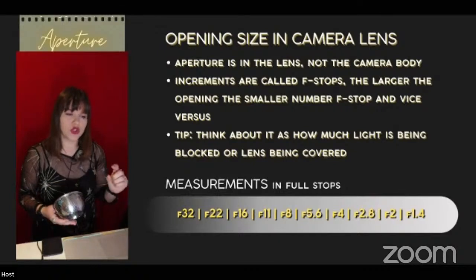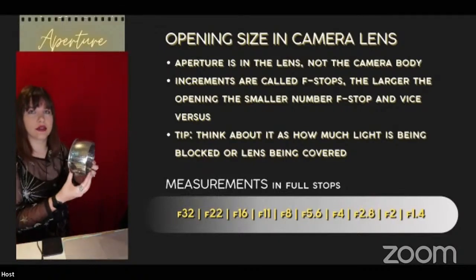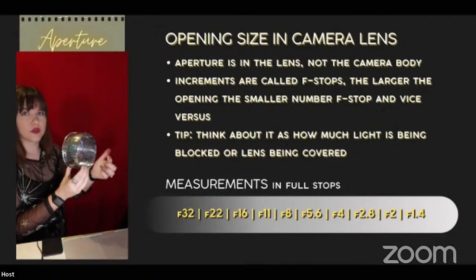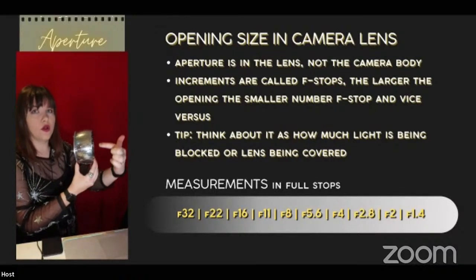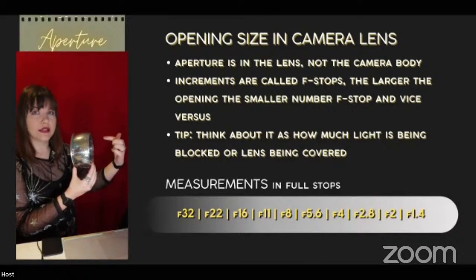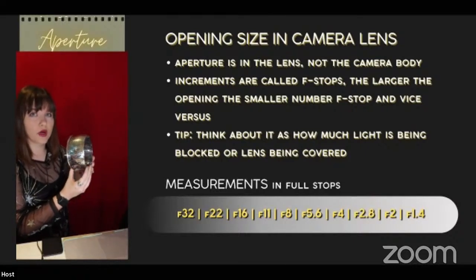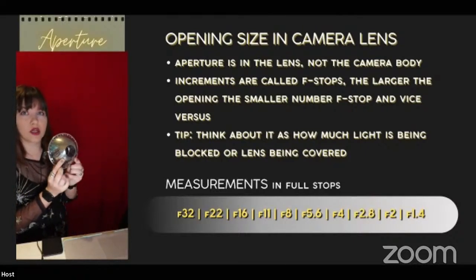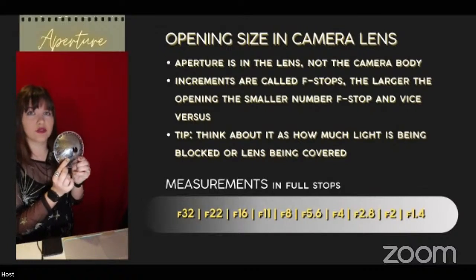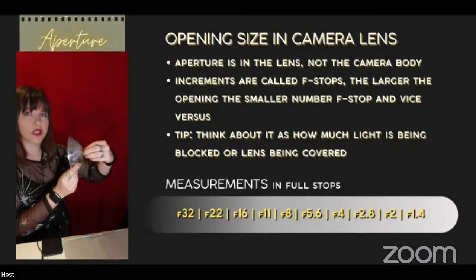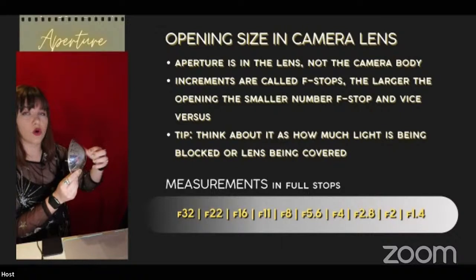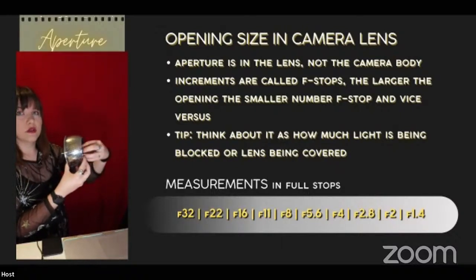And the closer to 1, like a 1-to-1 ratio, the closer to 1 that your f-stop is, the more of the lens is exposed and open. But if we're getting tiny, like maybe this is f22, less of your lens is open for the light. So the light is forced to come through a tiny hole versus a large one.